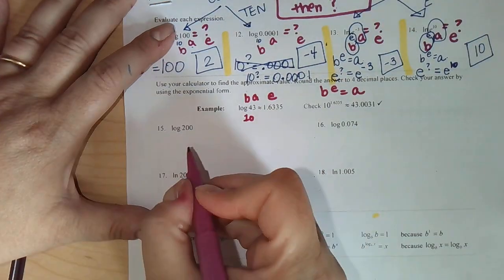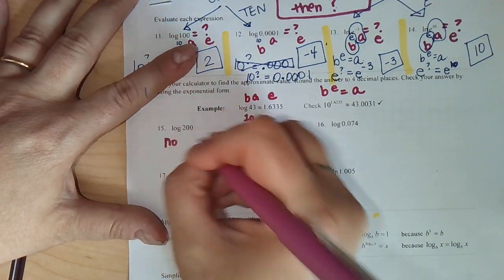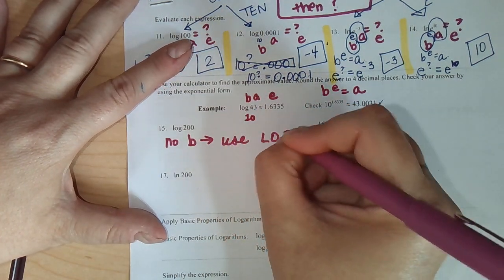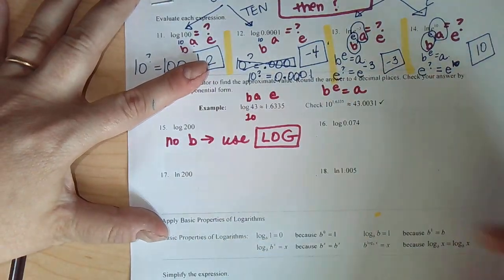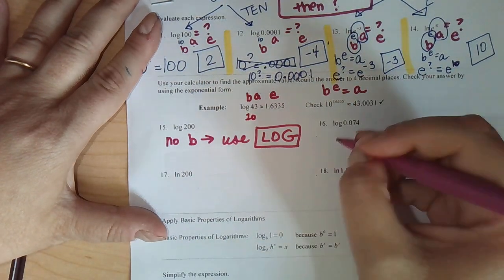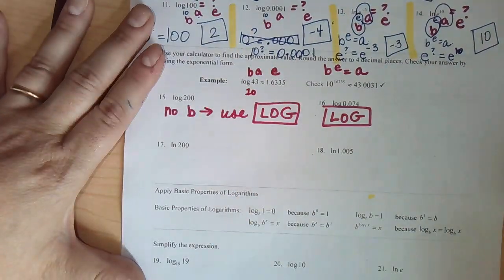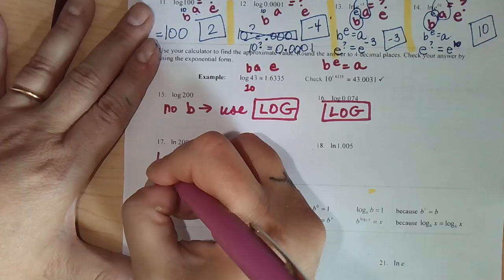Okay, since this has no basement, we're just going to use regular log. What about this guy? Regular log. Good. What about these last two? ln.